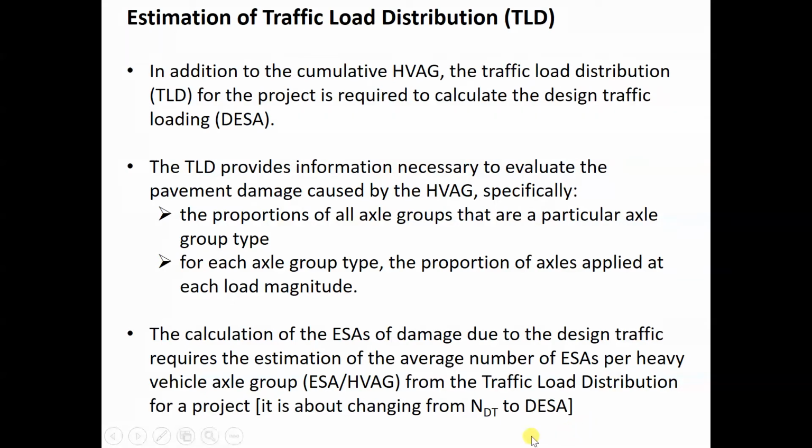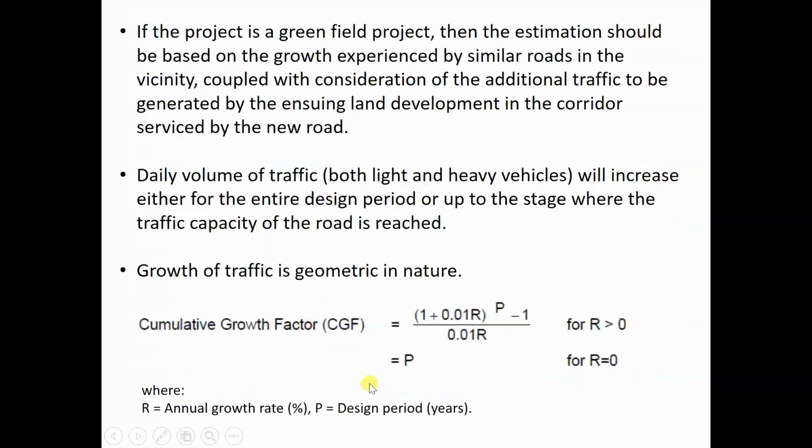DSAR. So there are two changes. From the NDT, the unit is HVAG.